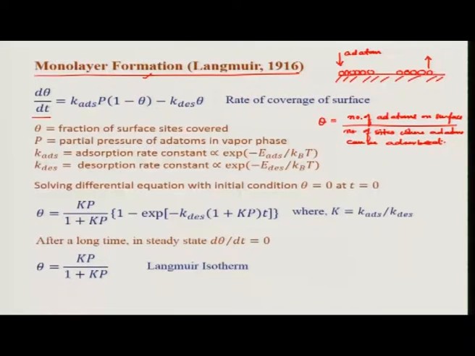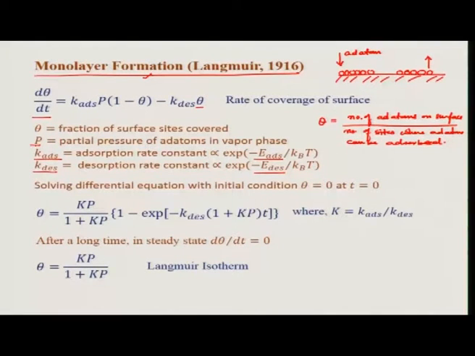So, fractional coverage. This change in fractional coverage will depend on how much is the coverage first of all, and what is the rate of adsorption and desorption. So, K_ADS is the adsorption rate constant, which will depend on adsorption energy, and K_DES is desorption rate constant, which will depend on the energy of desorption, and also P, which is the partial pressure of adatoms in the vapor phase.